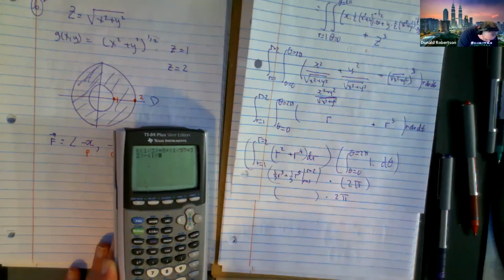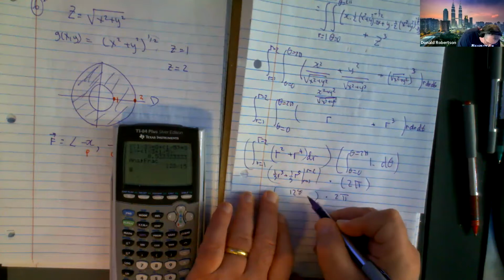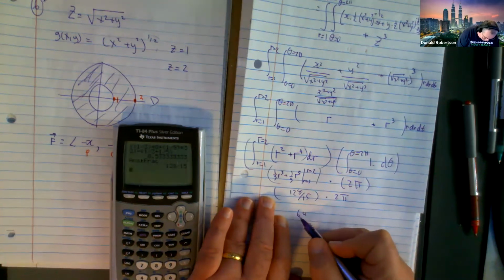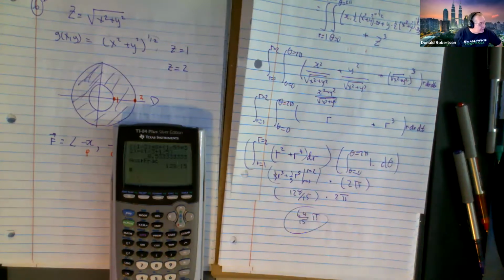It's going to be 1/3, add 1/5. And hopefully that comes out as some decent fraction. Okay, 128/15. So I get 64/15 pi. Okay, time to find out what the answer is.